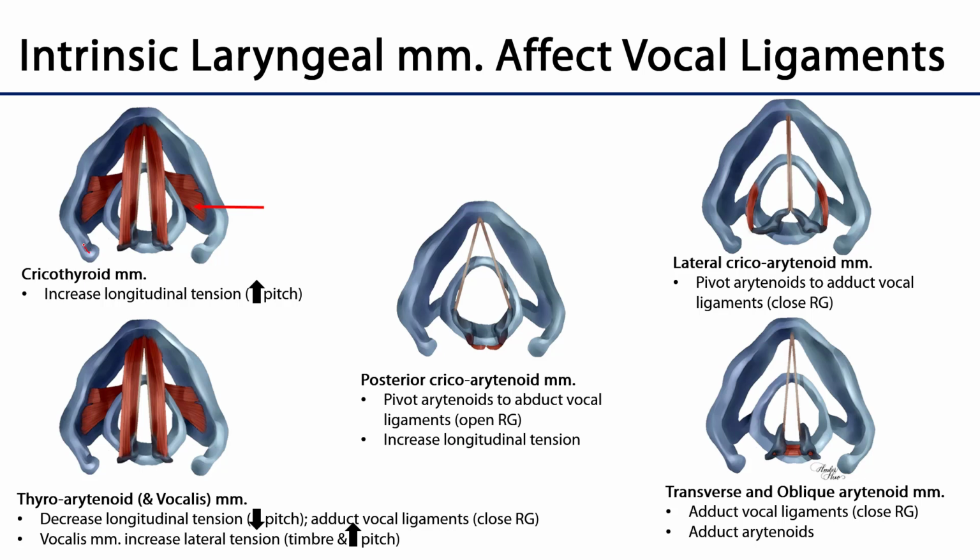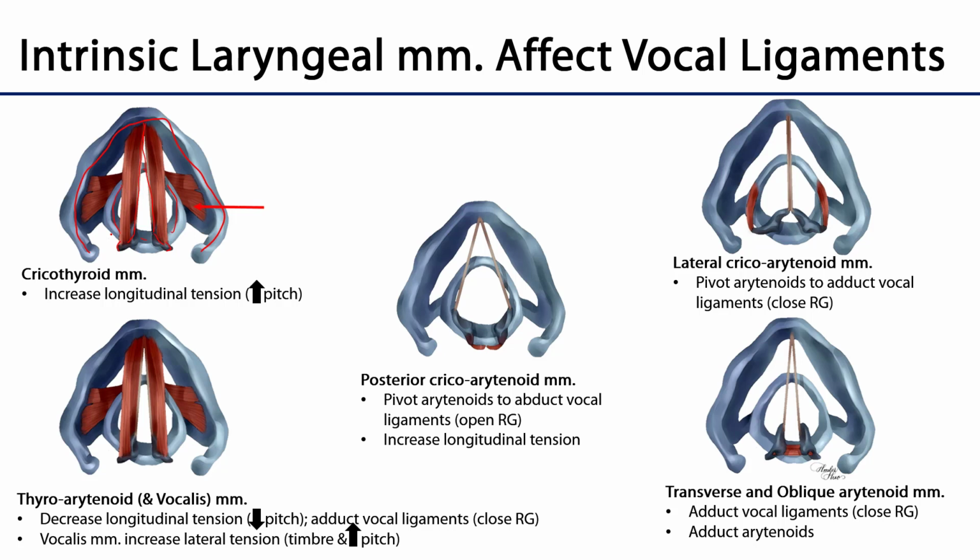So these are all superior views, and here is the thyroid cartilage. Again, here's the cricoid cartilage. Here are the arytenoid cartilages. And then here are the vocal ligaments, which are spanning the distance between the thyroid cartilage and the vocal processes of the arytenoid cartilages. We can also see the muscular processes of the arytenoid cartilages as well.